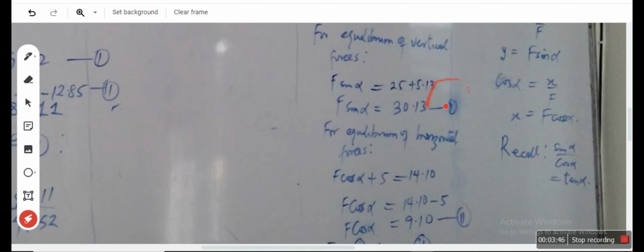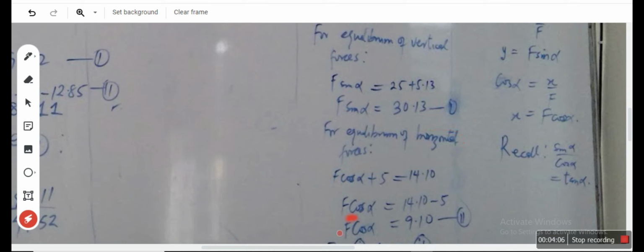We obtained equation 1 by solving for equilibrium of vertical forces, and we obtained equation 2 by solving for equilibrium of horizontal forces.